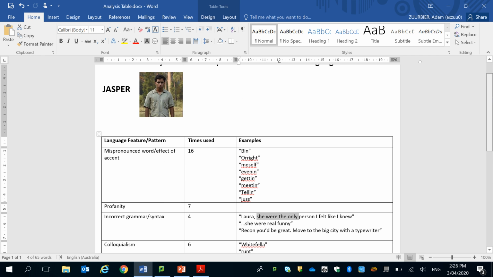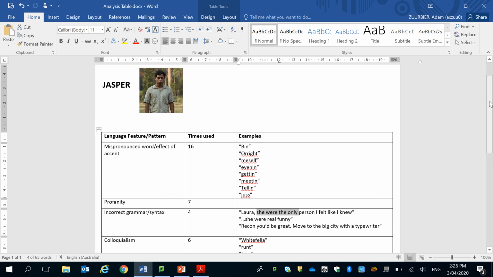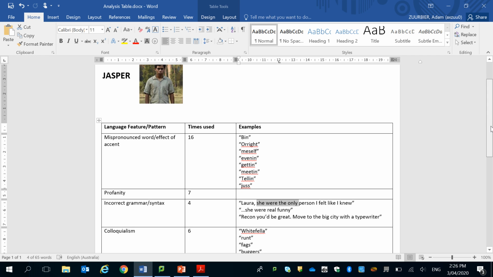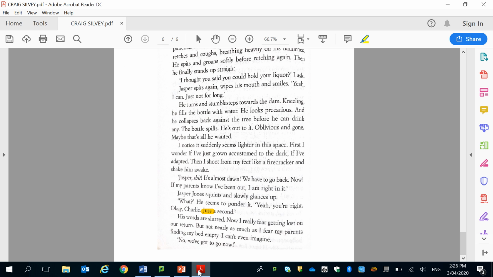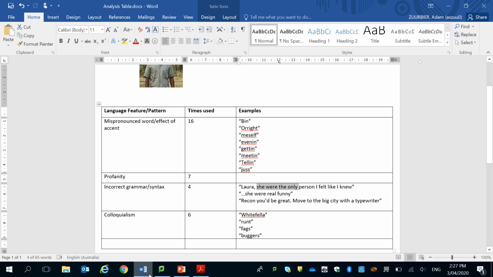Okay, so to summarize all that, we know that patterns of language use are very important in the development of a voice in a character, and we can see here some very strong and repetitive patterns of language use in Jasper Jones' character. So we've read a short excerpt, we've analysed those patterns of language use, and then we've summarised our analysis of his patterns of language use in this analysis table.